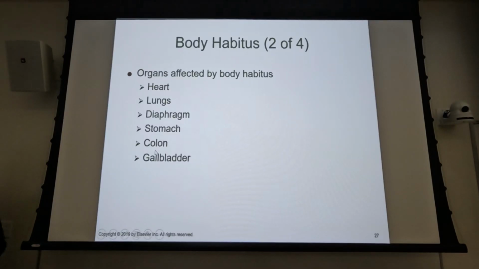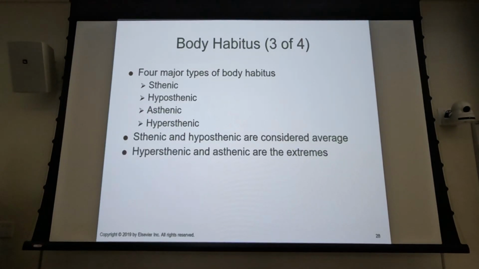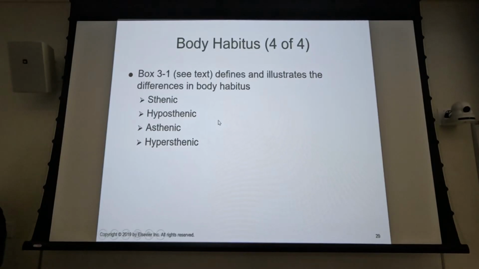The colon is going to be longer than it is wide, and the gallbladder is going to be very close to midline, and a lot of times very low in an asthenic person. So it can affect how you need to position the central ray and how you need to position the image receptor. Okay, so you have the 4 basic body habiti. We talked about that last week.